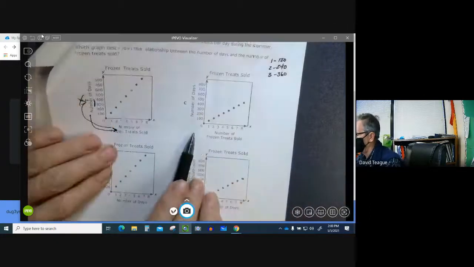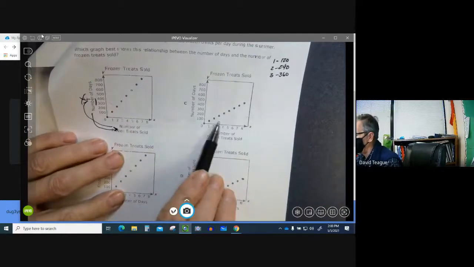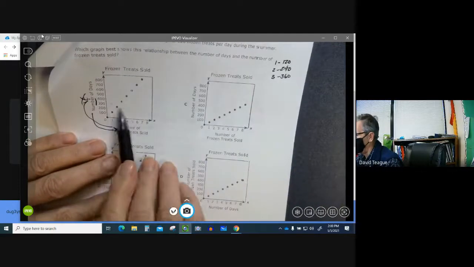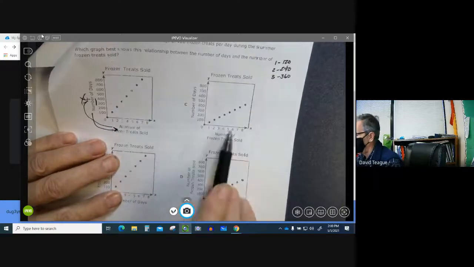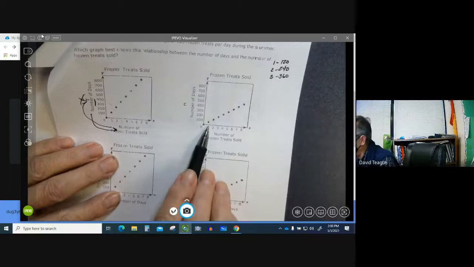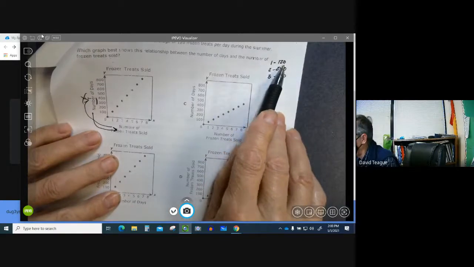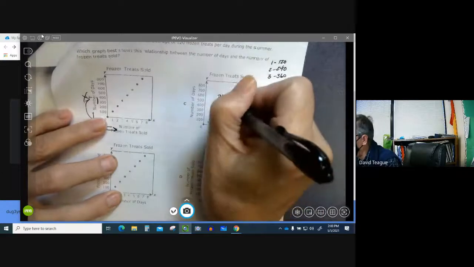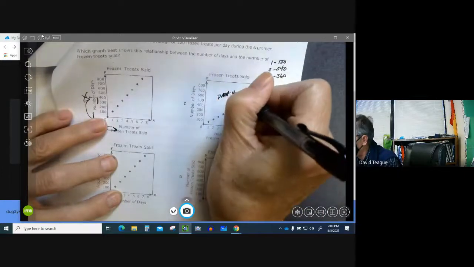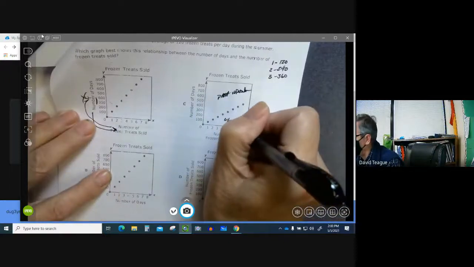Let's look at this one. It's basically the same thing. It's still reversed. The data is different. See how the data is different? But these labels are still wrong. And if you look at your data, one day is less than 100. You have to do 120 the first day. So the data is wrong, but it's also labeled wrong.